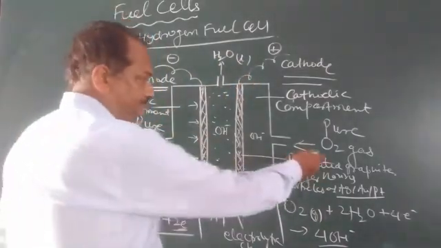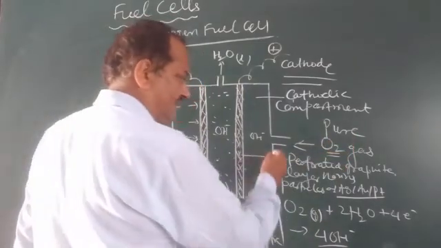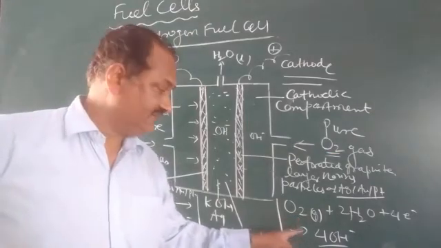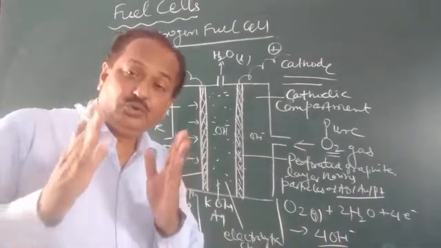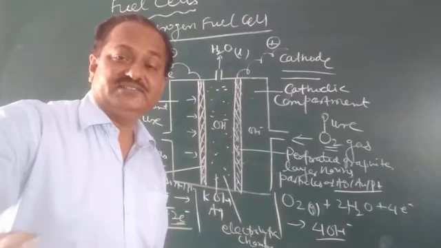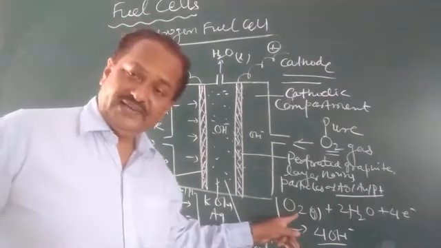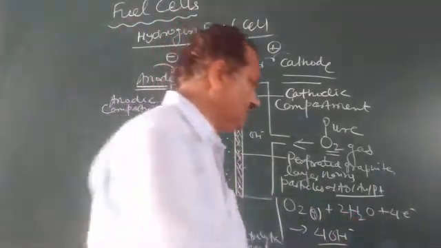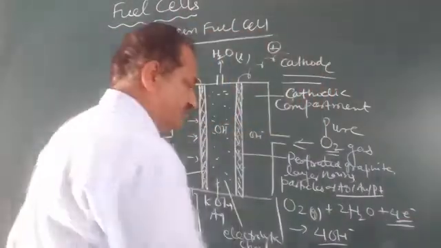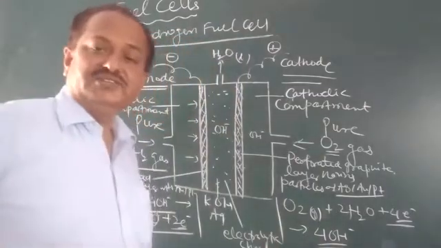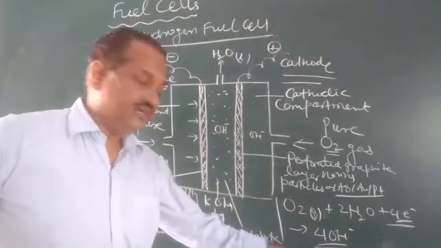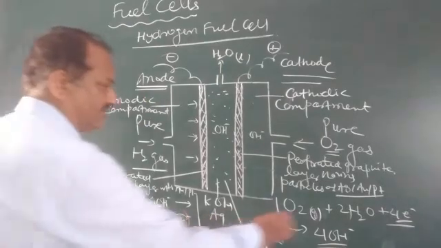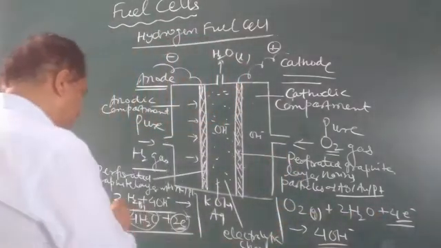Now coming to the passing of pure oxygen gas. Again the same chemical reaction takes place, and due to the chemical reaction an electrode potential is developed. Here O2 gas plus 2H2O uses the 4 electrons, and then 4 OH- ions are produced. As a result, the electrons produced here are consumed here, so we have to balance the equation.